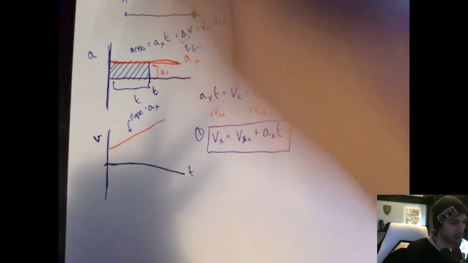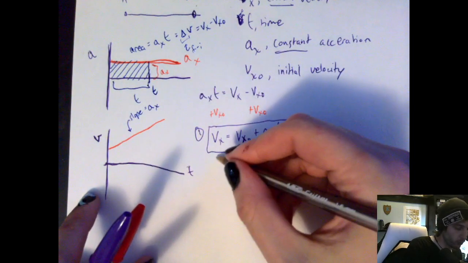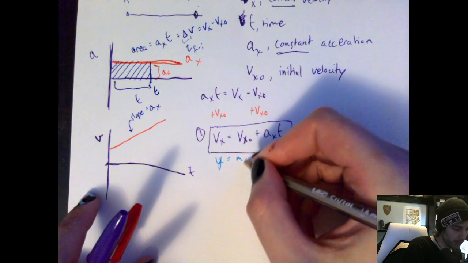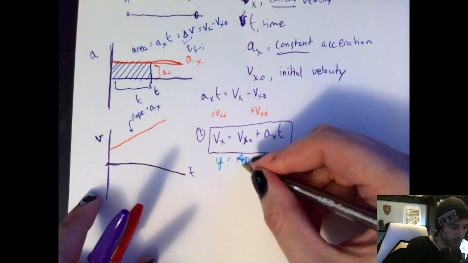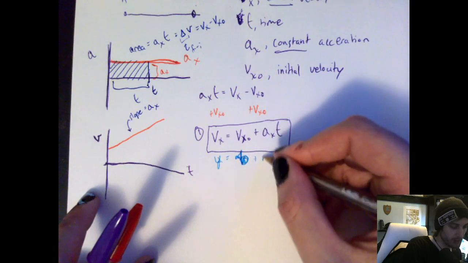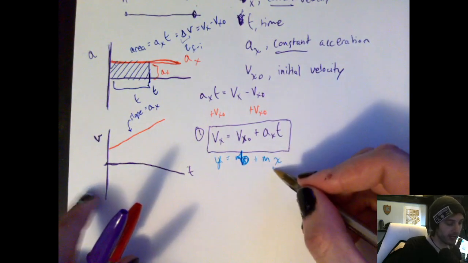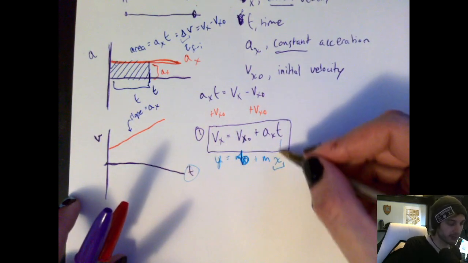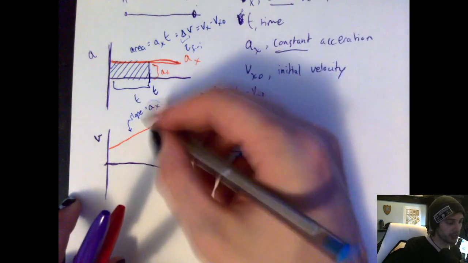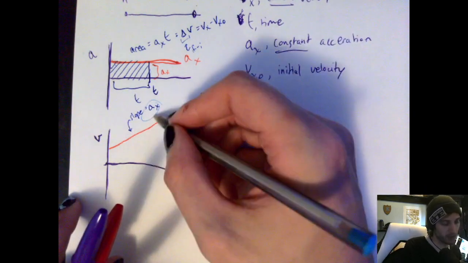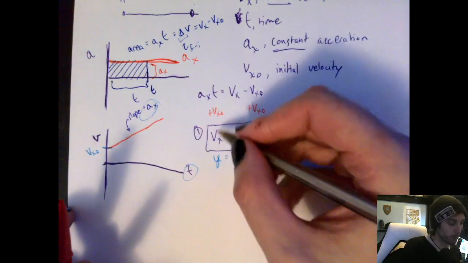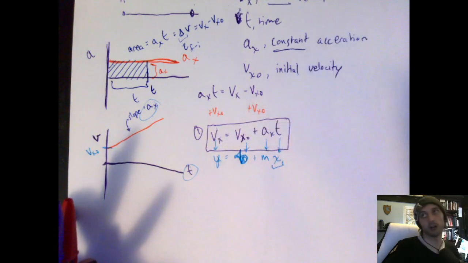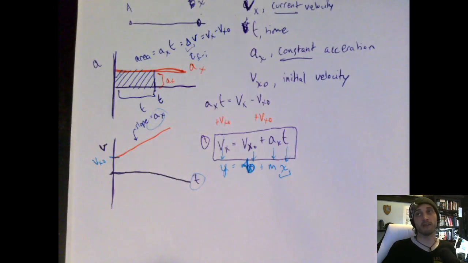So if we're looking at the equation form, we have y equals mx plus b, where this is our b, this is our m, this is our x. So our x-axis is time, so that's why that's x. Our slope is the acceleration, because that's the amount that we go up by each second. Our initial velocity is our y-intercept, and whatever our current velocity is will be our y value on the graph.